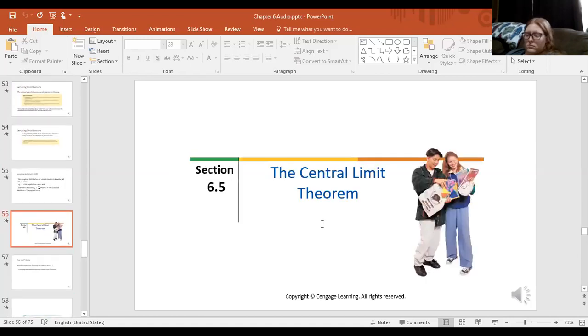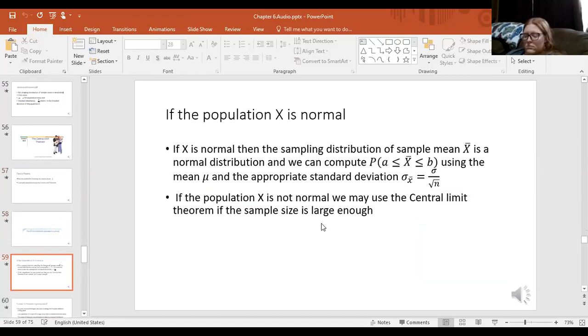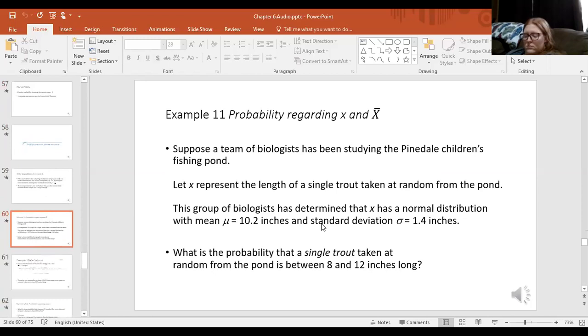So we are going to look at some examples. I've already explained most of this to you. Let's look at this example. Suppose a team of biologists has been studying the Pinedale children fishing pond. Let X represent the length of a single trout taken at random from the pond. This group of biologists has determined that X has a normal distribution with mean 10.2 and standard deviation 1.4.